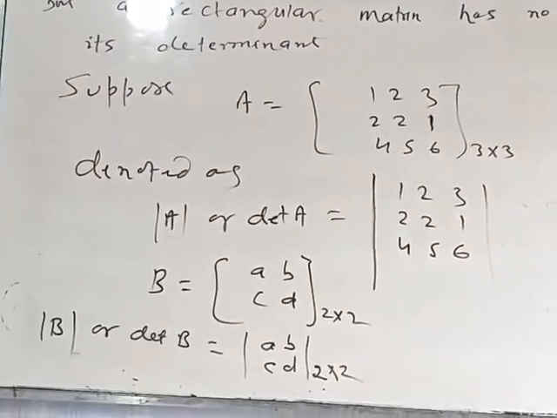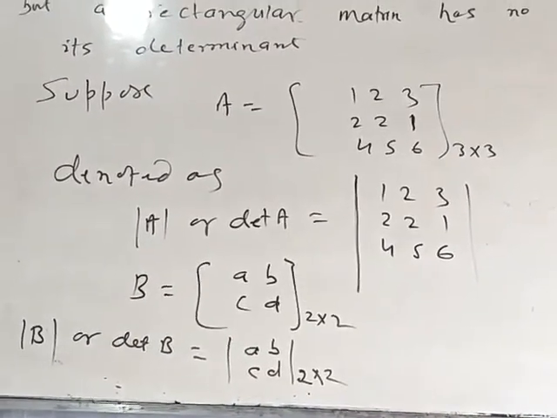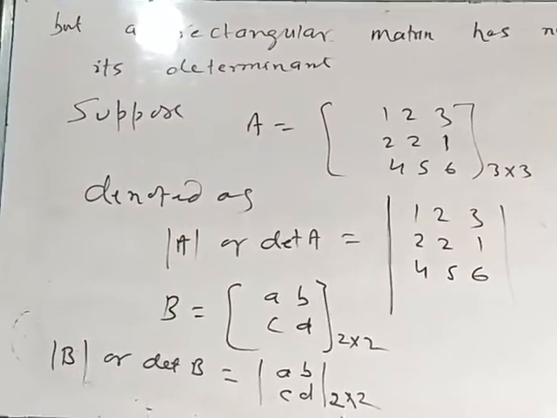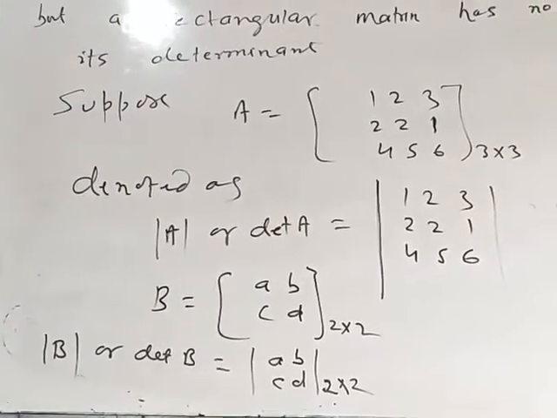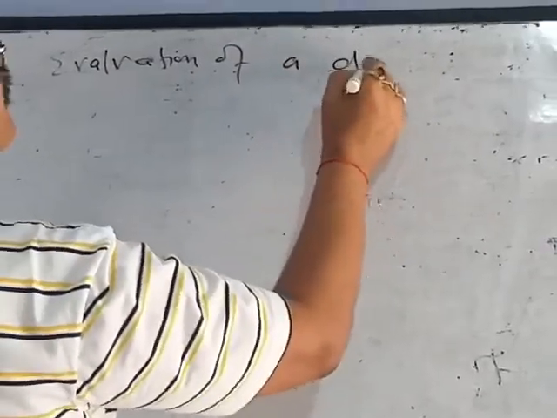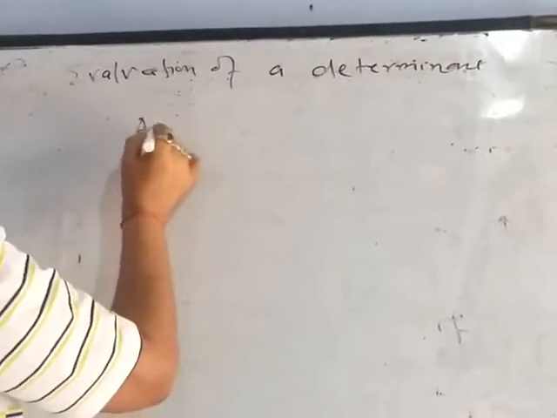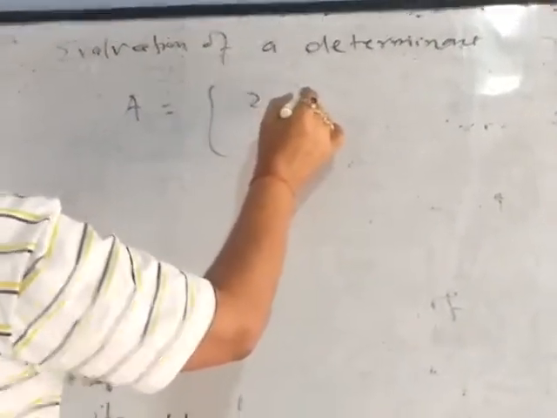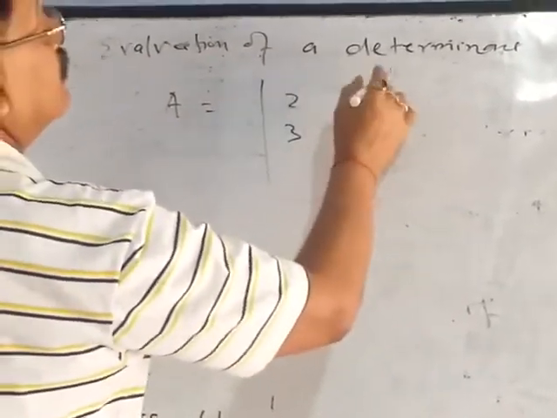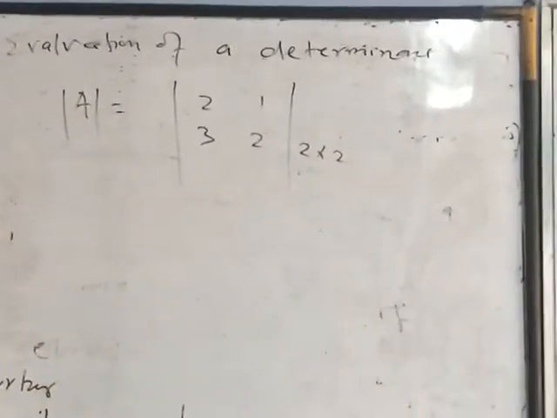Now student, how to evaluate a determinant? First of all, we see order 2, then order 3. If A is a determinant 2, 1, 3, 2, of 2 by 2, how can you evaluate this?